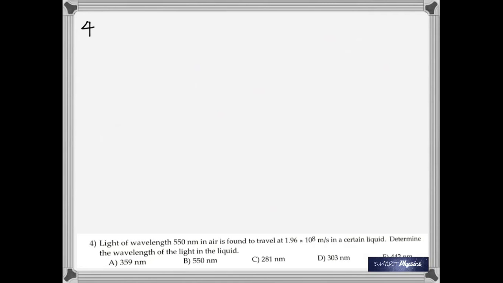Here you have light of wavelength 550 nanometers traveling at 1.96 times 10 to the 8 meter per second in a certain liquid. Find the wavelength of the light in the liquid. See, the wavelength in a material of refractive index n is always the wavelength in air divided by the refractive index of the material.